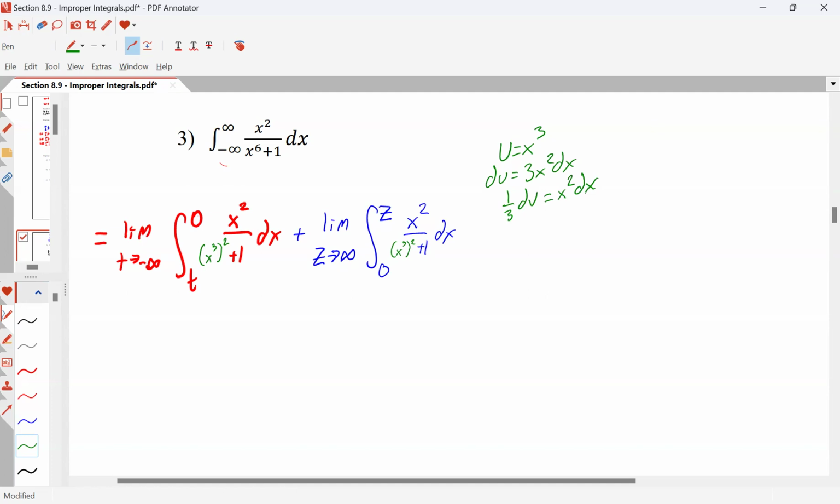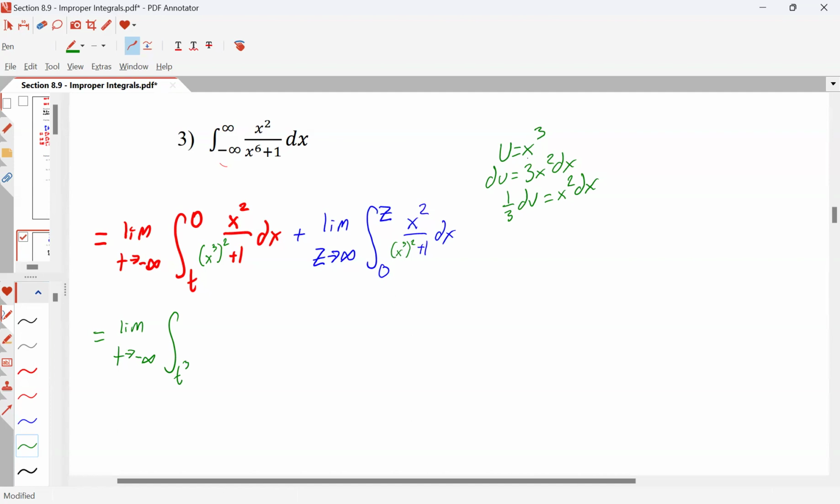So going to use this u sub with the limit as t goes to negative infinity. We need to plug the bounds in. When our bound is a variable, that's just as easy as plugging it in, and t plugged into x cubed means our lower bound becomes t cubed. Our upper bound, when we plug 0 into x cubed, is still going to be 0.